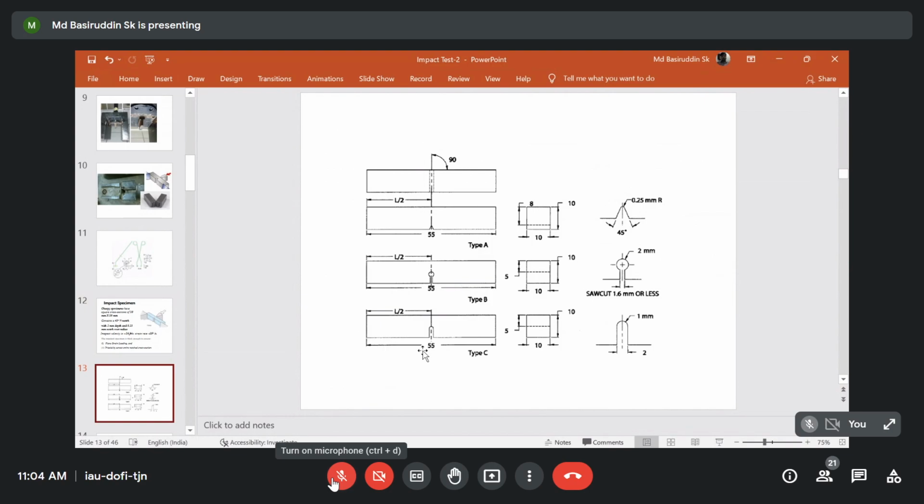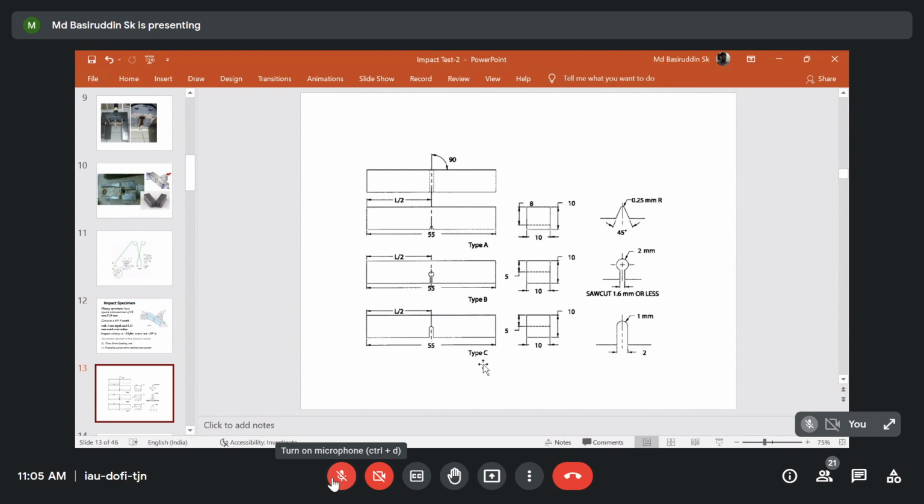That means, in order to study the severity of notch root radius on impact energy absorption capacity, people can fabricate the specimen in three different ways, type A, type B, and type C, and try to understand how materials behave depending on the notch root radius. This sort of study is sometimes required because materials may not always contain a very sharp notch.